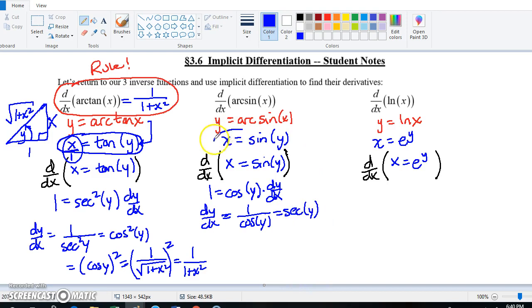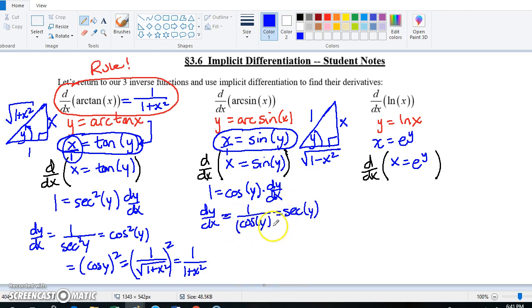Let's go back to our definition of x equals the sine of y. Let's draw a picture of this angle. The sine of y is x over 1. X is the opposite side. 1 is the hypotenuse. The adjacent leg is 1 minus x squared under the square root. Now remember, cosine and secant are reciprocals.